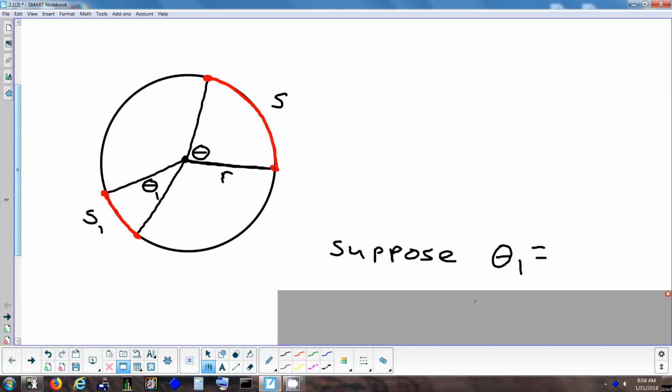How do we measure angles? What's the label on it? Degree. That's one option. What's the other option? Radian. Yeah, radians. So we said yesterday that if you make this angle 1 radian, then this arc is the same size as what?